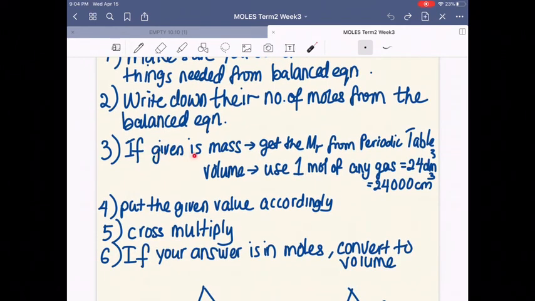If you are given mass, get the MR or AR from the periodic table. If you're given volume, just use the magic number: 1 mole of any gas is equal to 24 dm cube or 24,000 centimeter cube. If you have 2 moles, just multiply with 2. If you have 3, just multiply with 3. Next, put the given value according to whichever space.